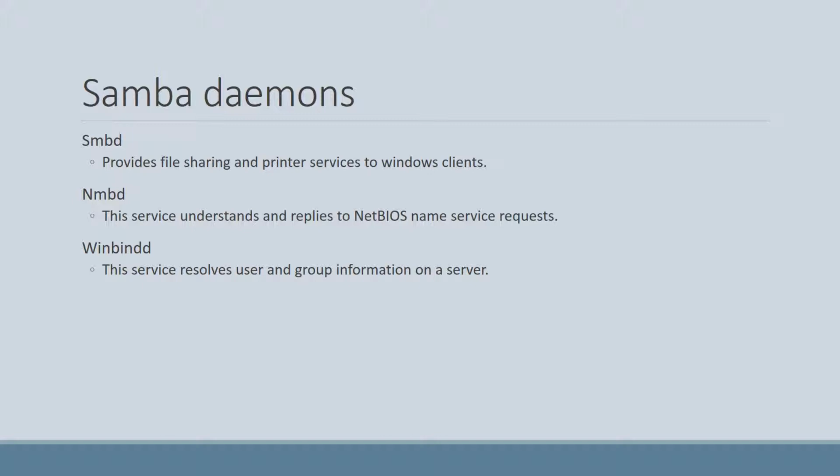Daemon 3, Winbind. This service resolves user and group information on a server running Windows NT 2000 or Windows Server 2003. This makes Windows user and group information understandable by the Unix platforms.